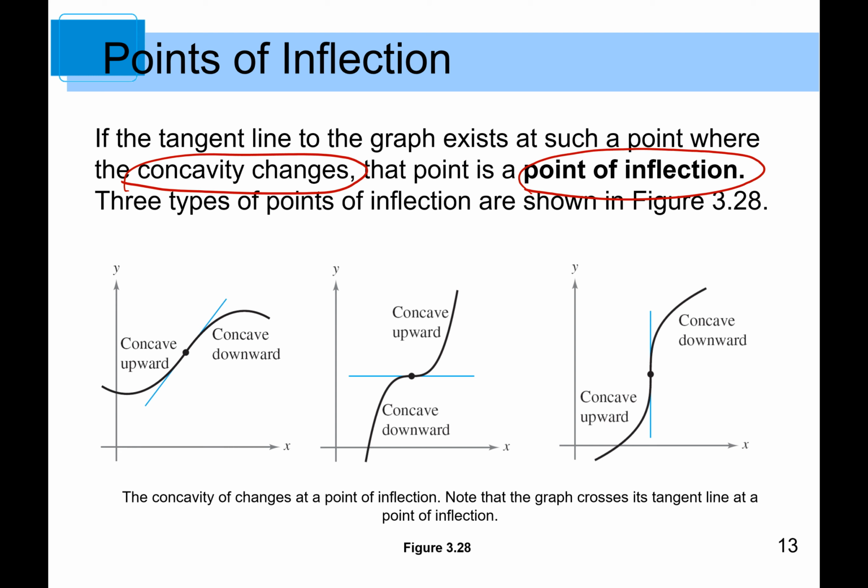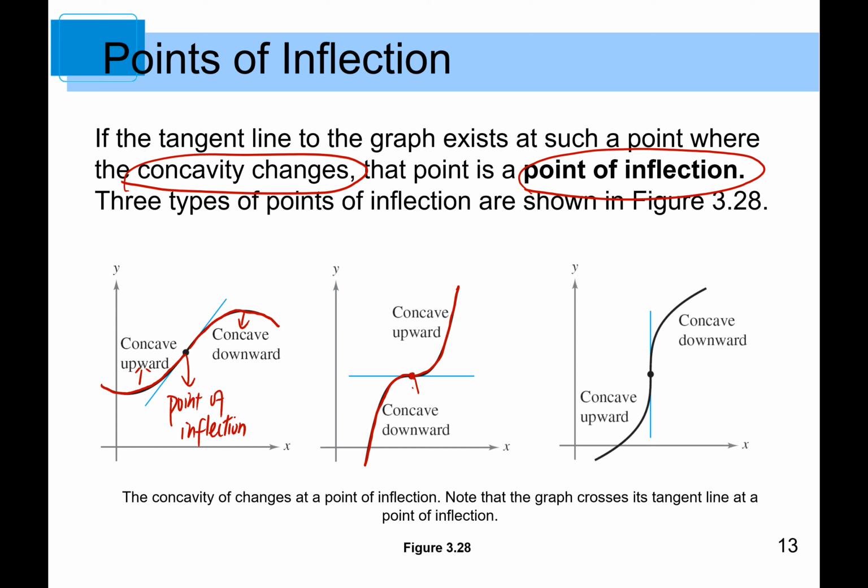Three types of points of inflection are shown below. Start with concaving upward to concaving downward. So we get a point of inflection here. Second case, start with concaving downward to concaving upward.